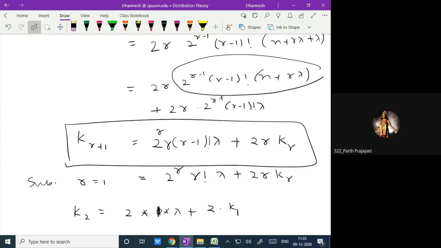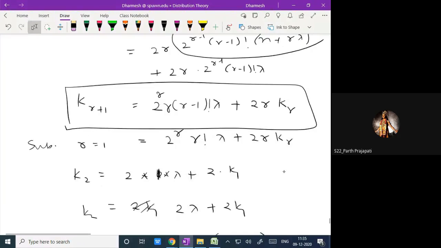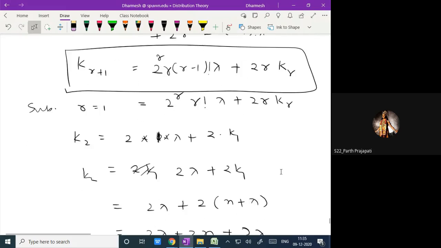Is it right now? When you take r equal to 1, 1 factorial is 1, and 2 raised to r gives twice lambda, and this is 2 of k1. Okay, now is it correct? This is r factorial. Yes sir. Okay, thank you.